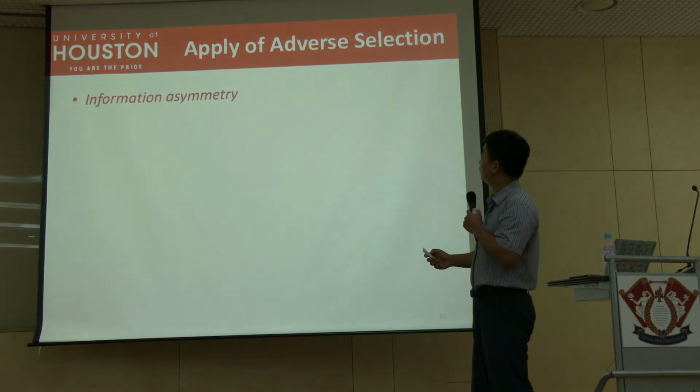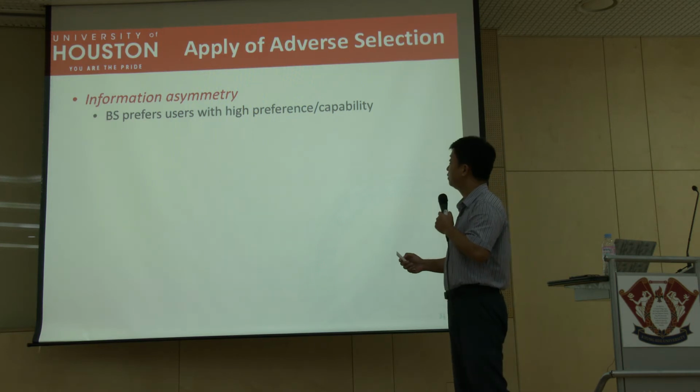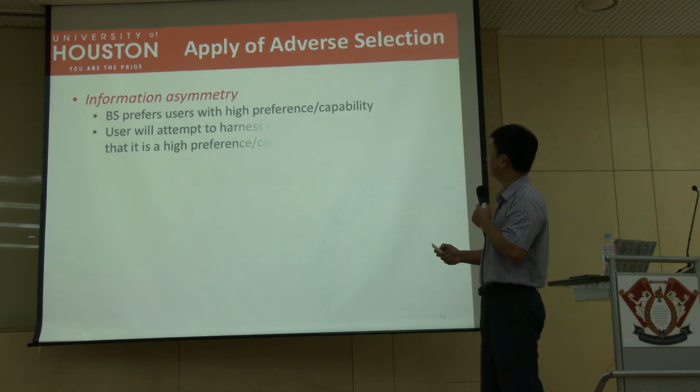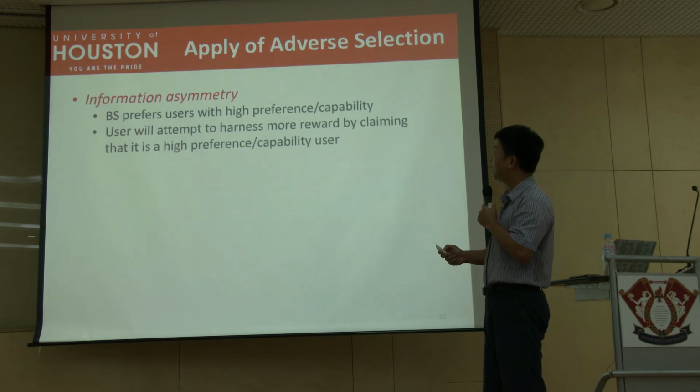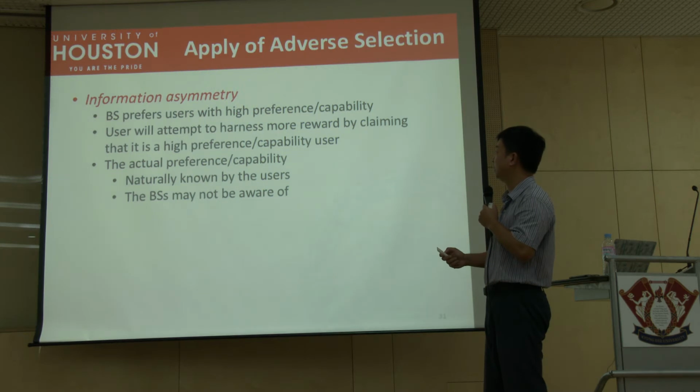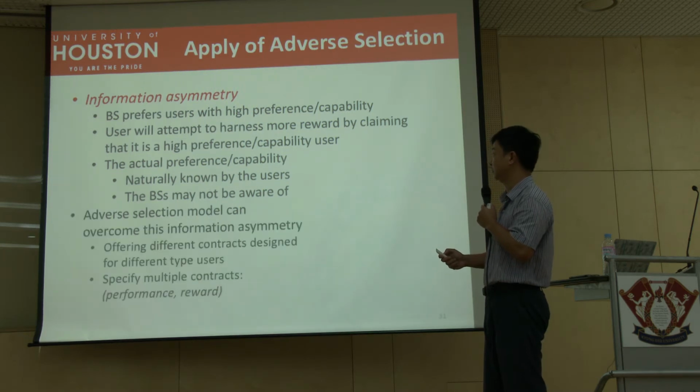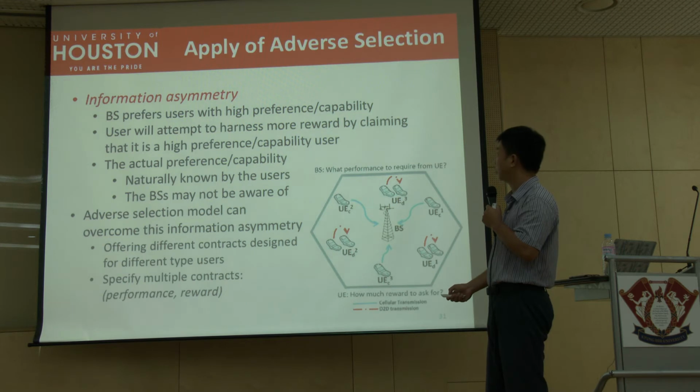Adverse selection: the base station prefers users with high preference, and the user will attempt to get the reward by claiming that they can do the work, but actually they are not doing the work, and the base station might not know. Adverse selection can overcome this problem by offering different contracts to different types of users, with different rewards.